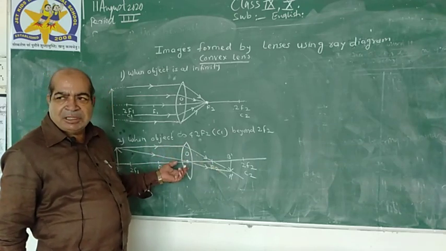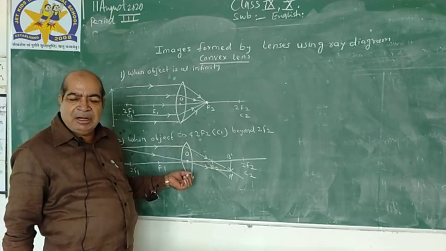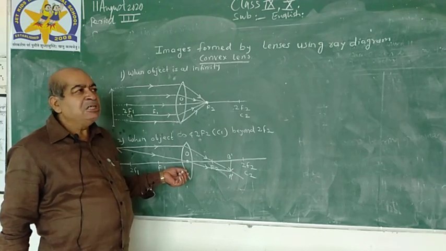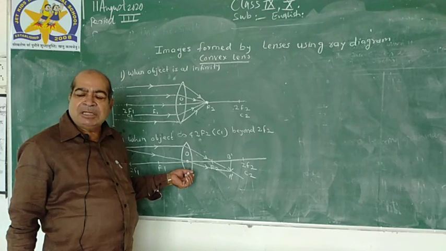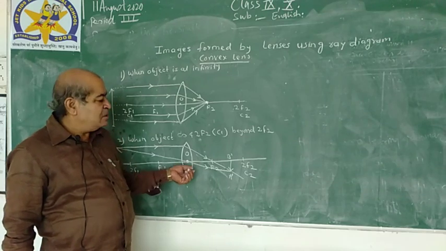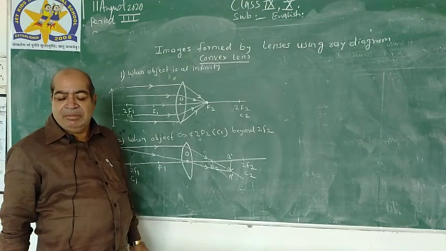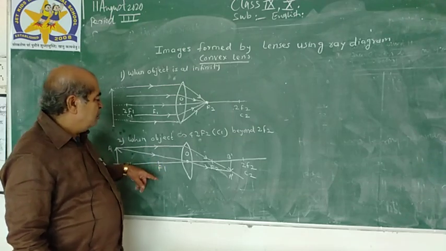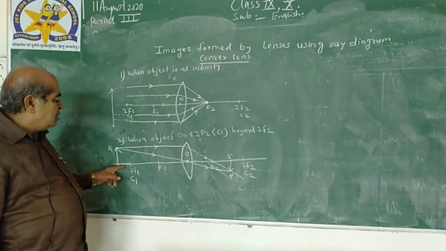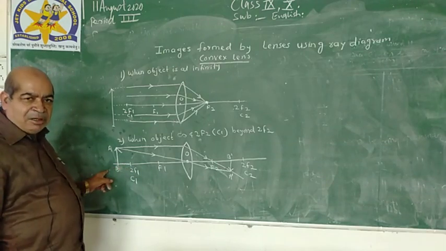From the figure we see that the image is inverted, and since it is formed due to the actual intersection of rays, the image is a real image. So this is the second position, when the object is beyond twice F1.